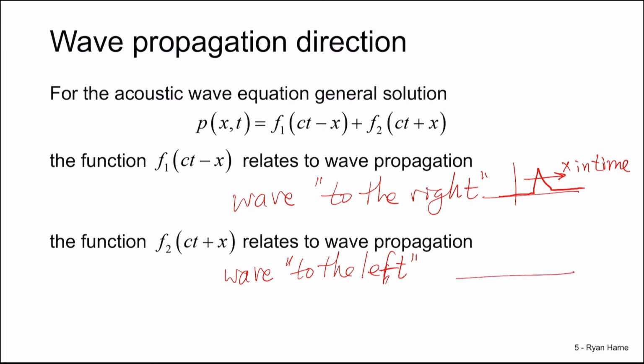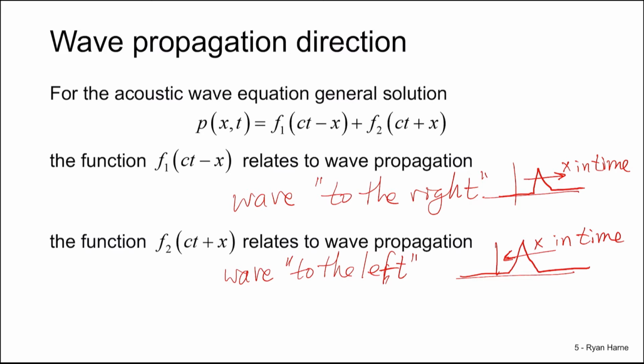In other words, the wave originally positioned here will propagate in the negative x direction in time. So this is the interpretation of our functions f1 and f2.